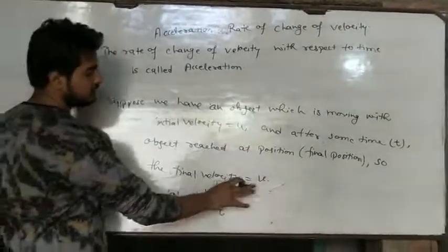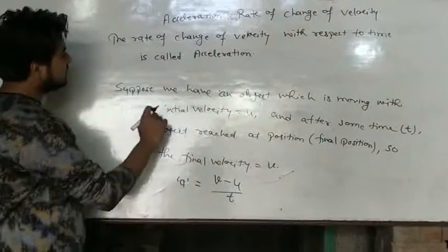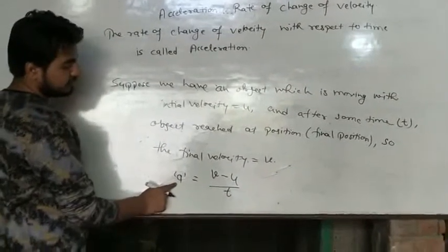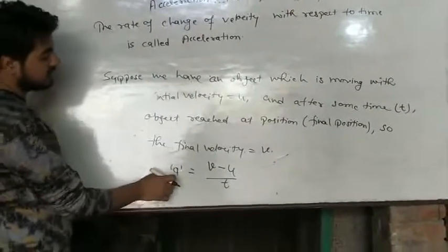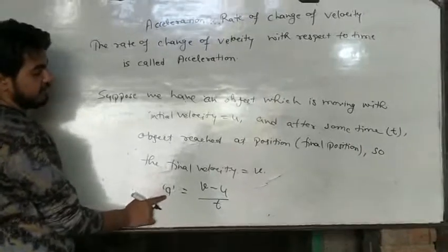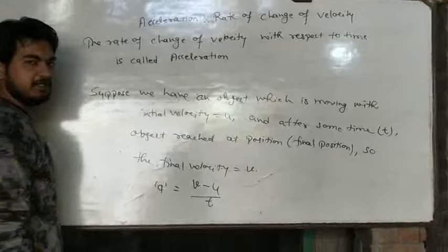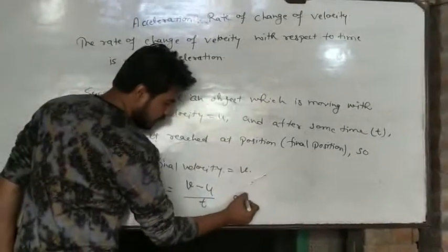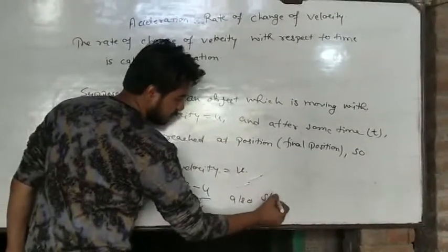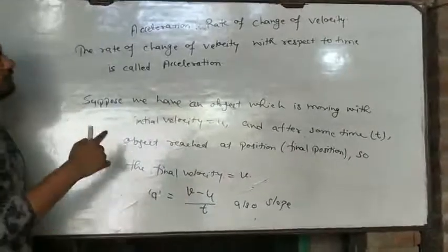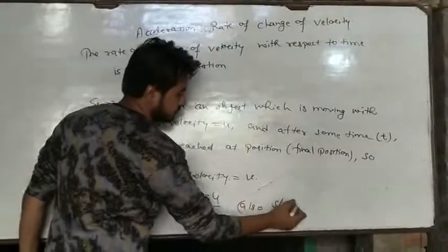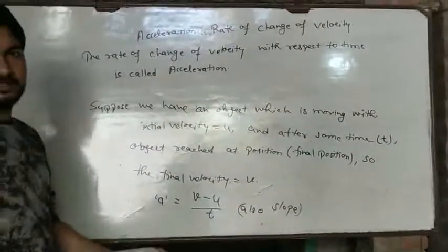Acceleration is represented by a. So a is equal to v minus u upon t. This is also a slope, which we talk about in the graphical method.